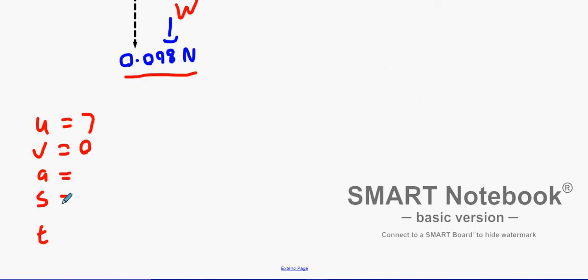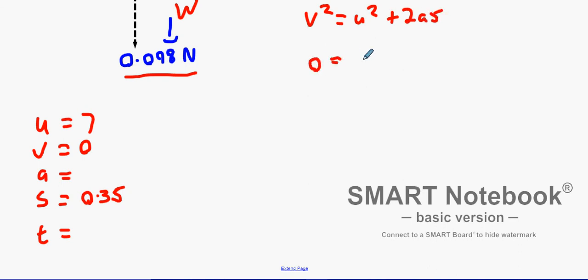We don't know the acceleration anymore, because the acceleration is now a mixture of the resistance and the weight. So it's deceleration, in fact. So we're going to get v squared equals u squared plus 2as. And what we're going to get is 0 equals 7 squared plus 2 times 0.35 times s.